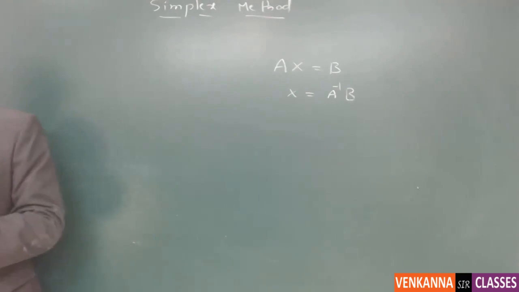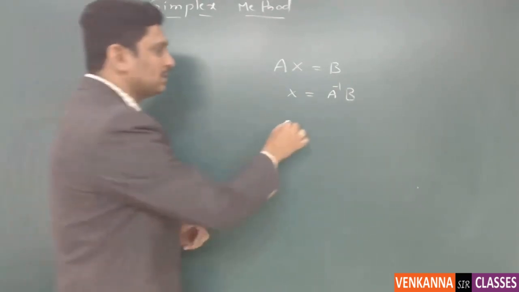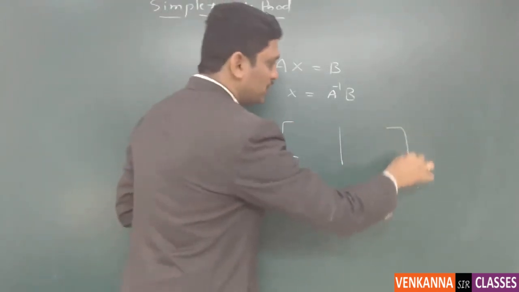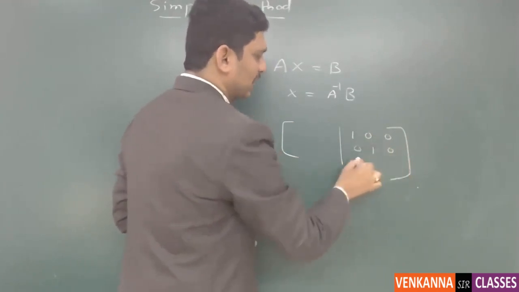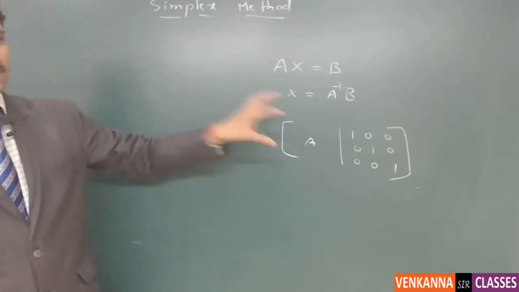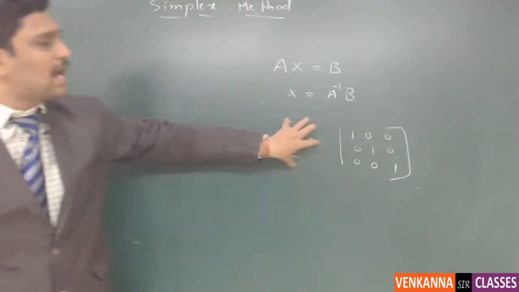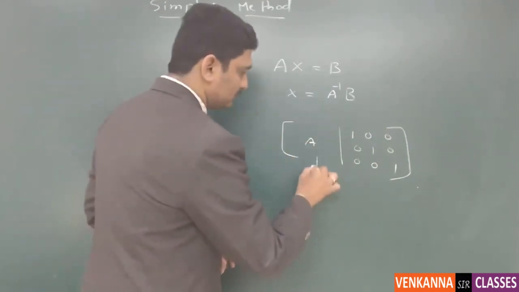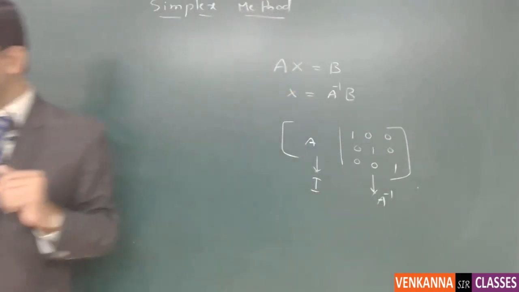So we have the Gaussian elimination method for finding A inverse. If we have the matrix A, you bring the identity matrix here of the order required as per the problem. By applying suitable row operations, you will get the inverse part here and A will be reduced to the identity matrix. Accepted?